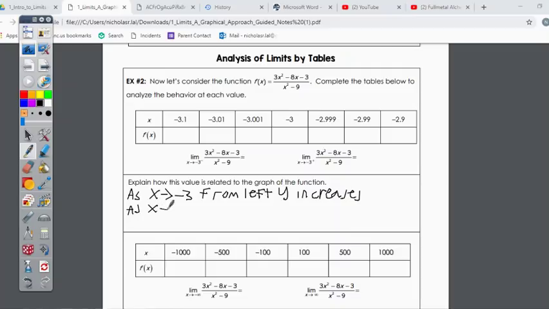As x approaches negative 3 from the right, y decreases.